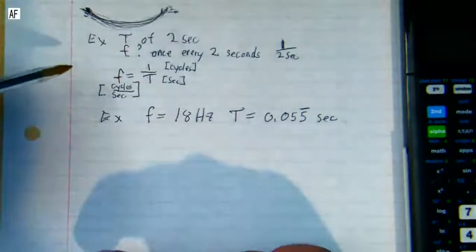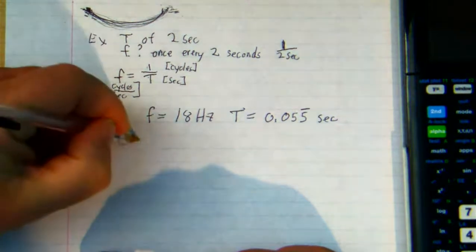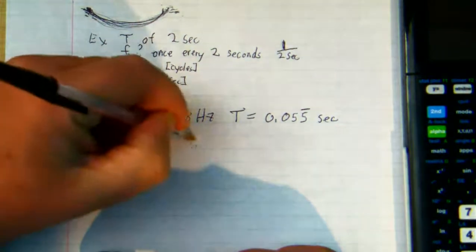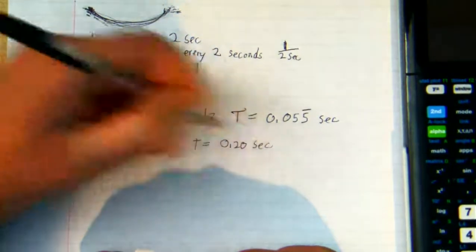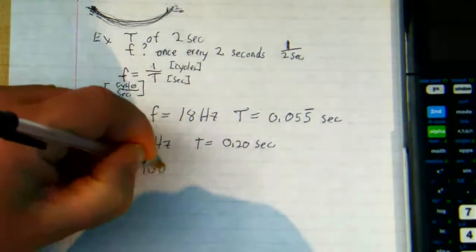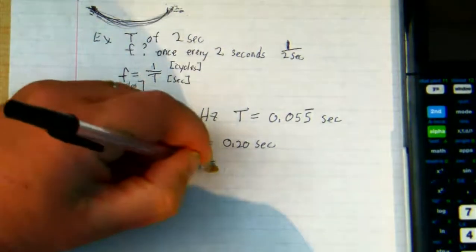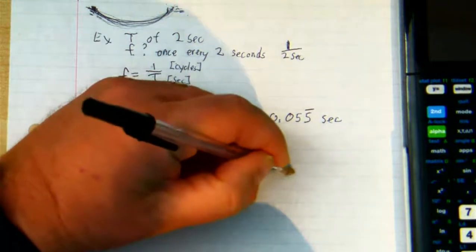Now, 18 is terrible to do in your head, but some of these you can do in your head. If the frequency is 5 hertz, then the period would be 0.20 seconds, 1 divided by 5. If the frequency is 100 hertz, then the period would be 0.01 seconds.